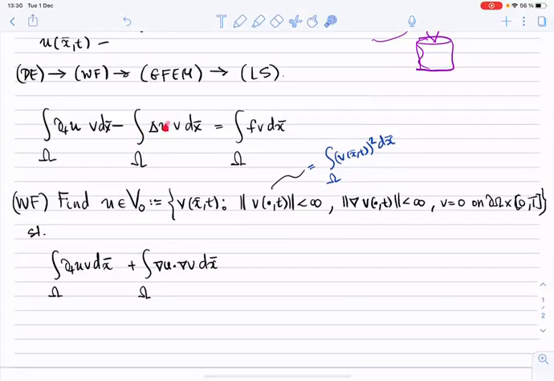And of course, the boundary terms cancel out because we are going to choose the test function to be 0 on the boundary. And here we have the right hand side, the integral of f v dx. That's true for all v from this capital V0 space.